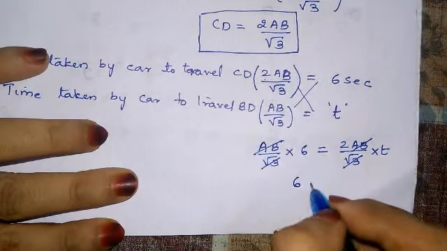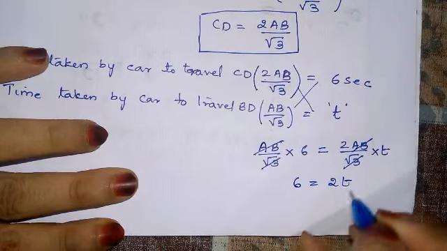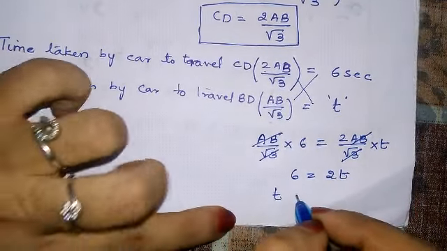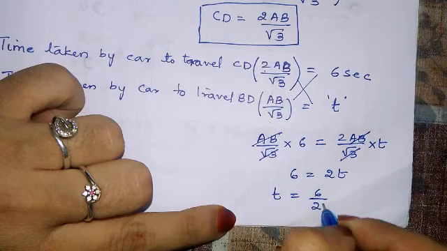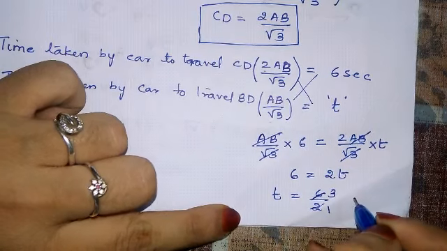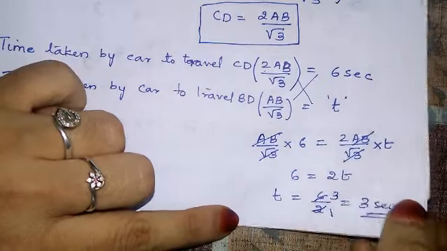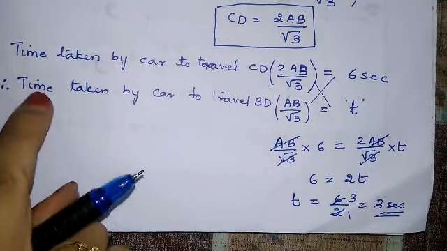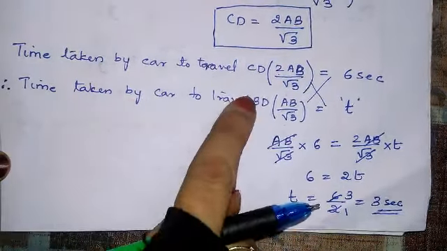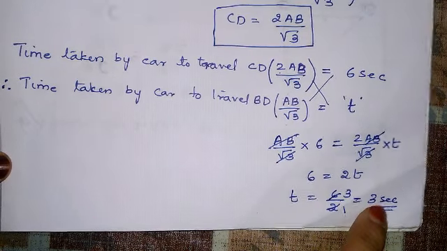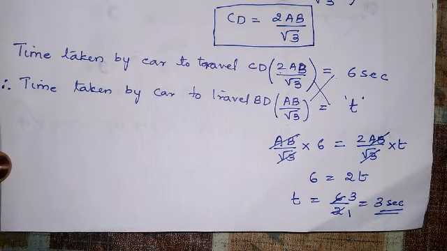We get 6 is equal to 2T. Time T is equal to 6 by 2. 2 1s are 2, 2 3s are 6. So, 3 seconds. How much time it takes? Time taken by car to travel BD is 3 seconds. Okay. So, this completes question number 15.